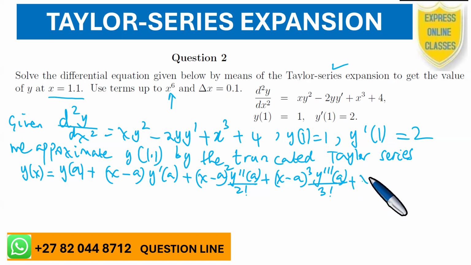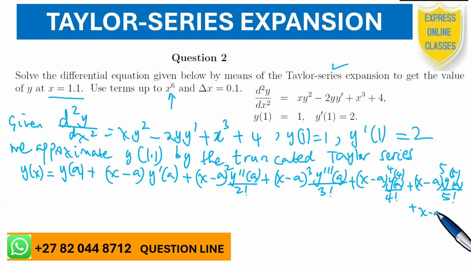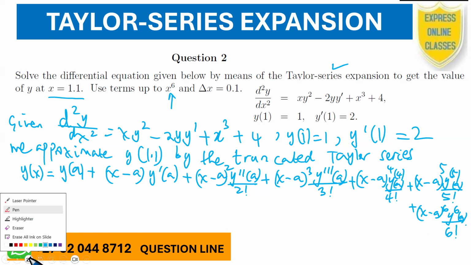Let's write more terms: x minus a to the 4 over 4 factorial, and then x minus a to the 5, y 5, x minus a to the 6, y 6.